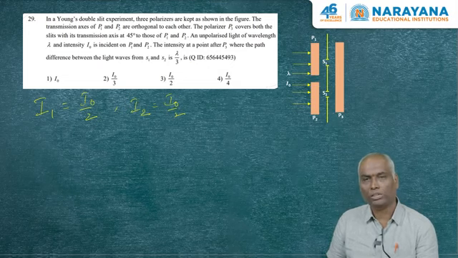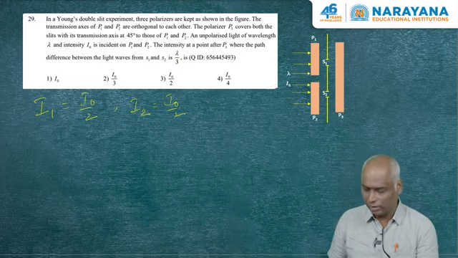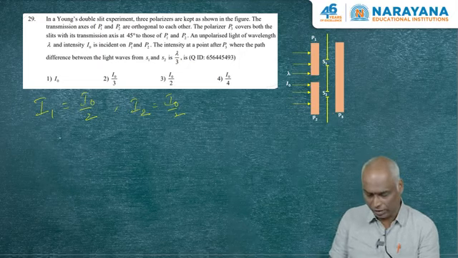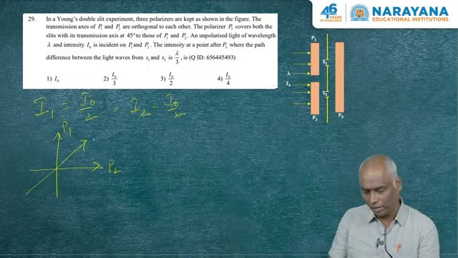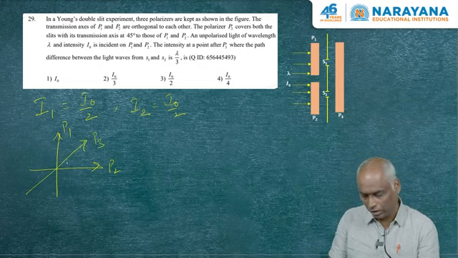After this, the polarized light passes through the third polarizer P3. It is given clearly that the transmission axes of the polarizers P1 and P2 are perpendicular to each other, whereas the transmission axis of P3 makes an angle of 45 degrees with each of them.